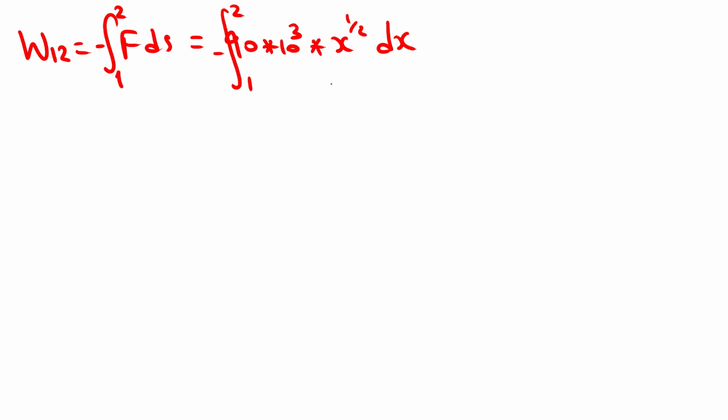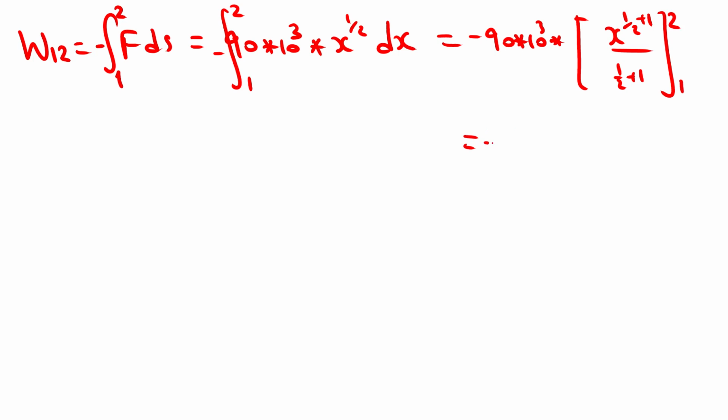This is just a simple integration: 90 times 10 to the power of 3, times x to the 1/2 plus 1 over 1/2 plus 1, from 1 to 2. That gives 2/3 times x to the 3/2.